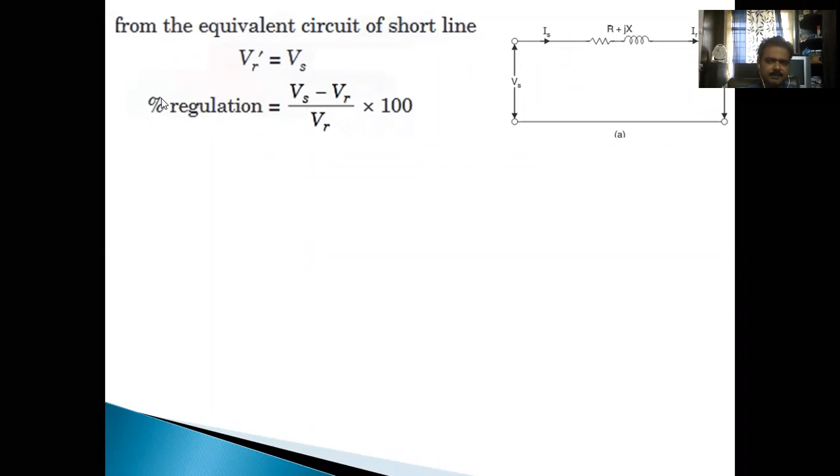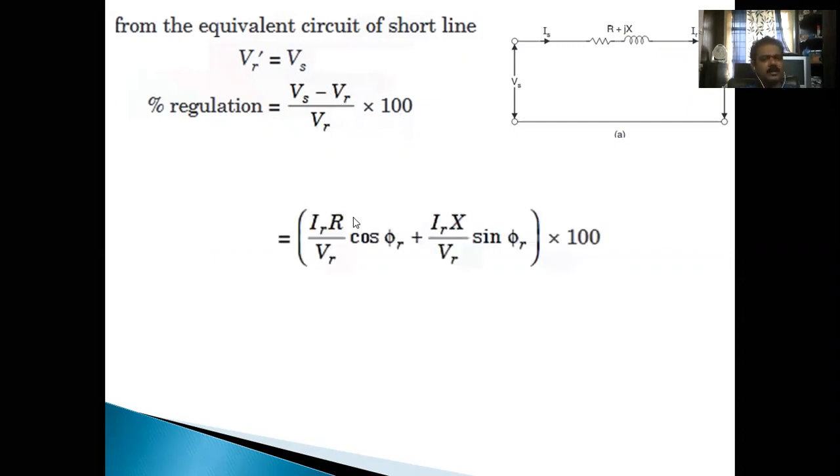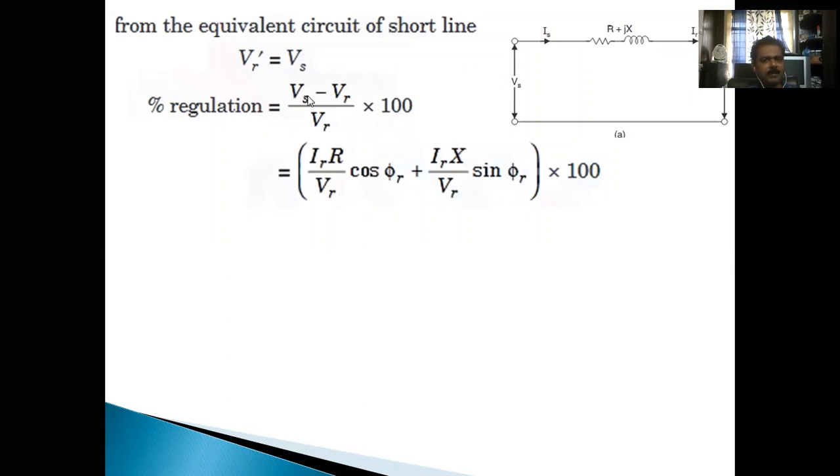Now, percentage regulation is equal to no load voltage Vs minus receiving end voltage, divided by receiving end voltage, into 100. We have evaluated this Vs and obtained this expression. So this difference Vs minus Vr, this numerator, is IR, just dividing by VR.